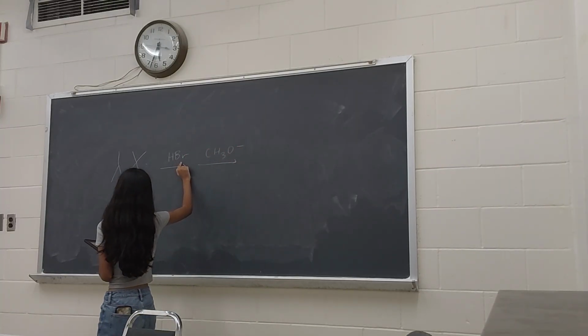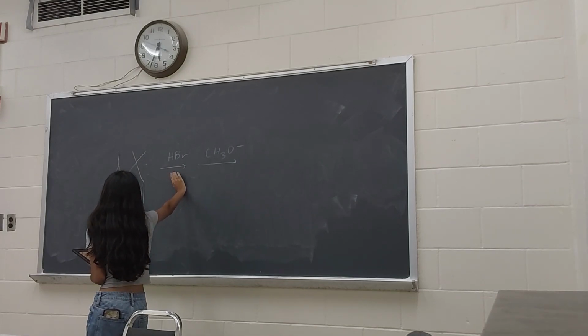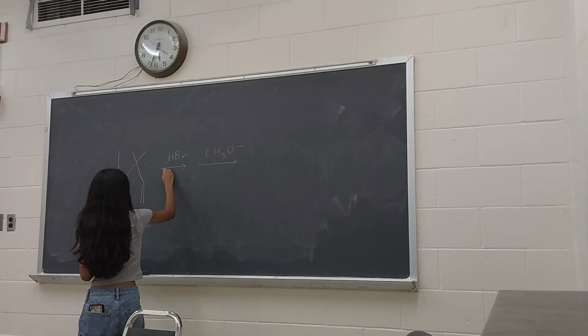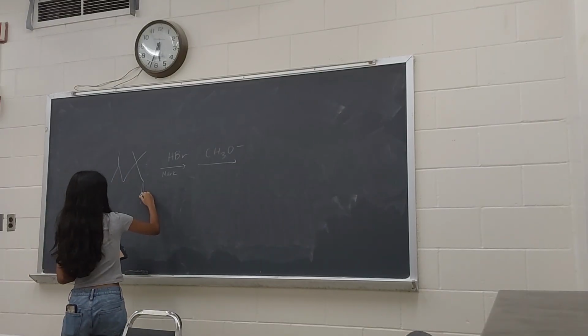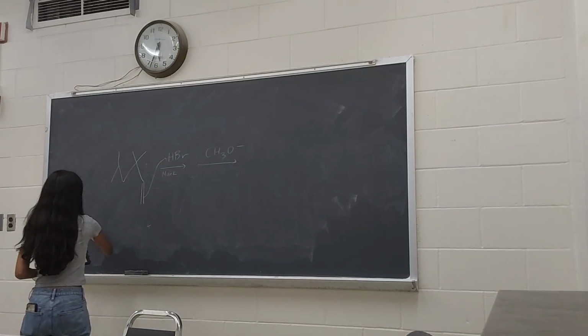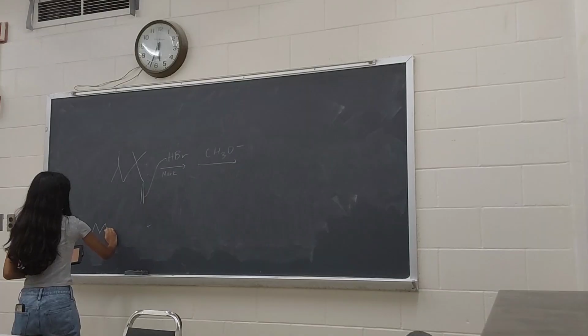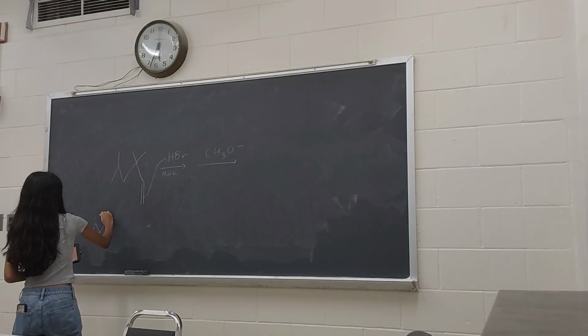Okay, HBr without the ROR is SN1, and rearrangement is also possible, right? So first we'll coordinate. It'll never go on the primary side.